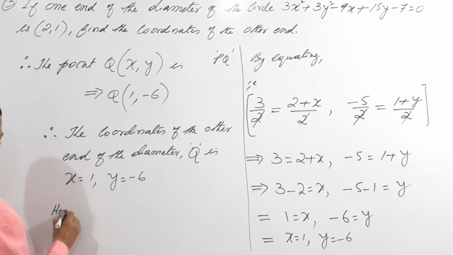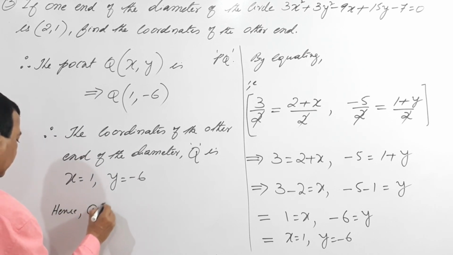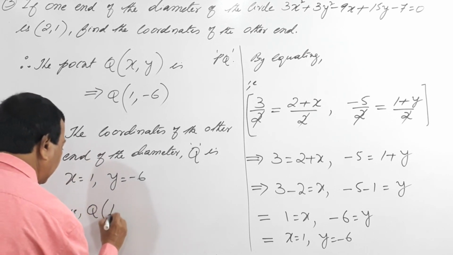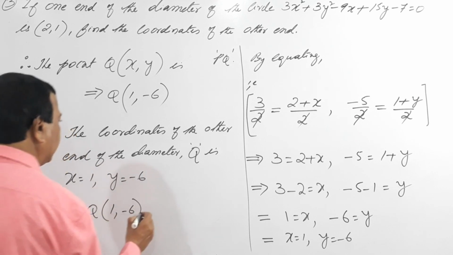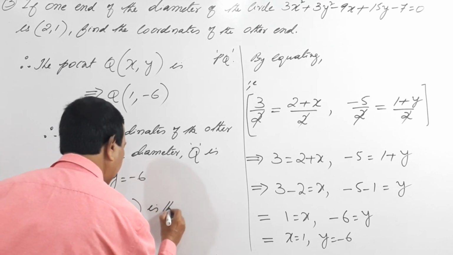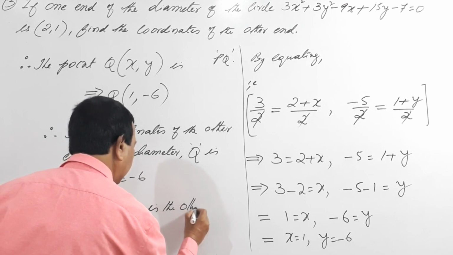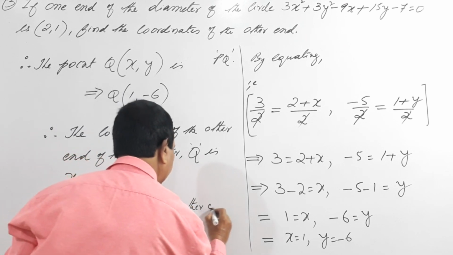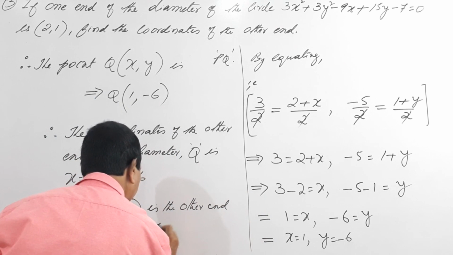Hence, Q 1 comma minus 6 is the other end of the diameter.